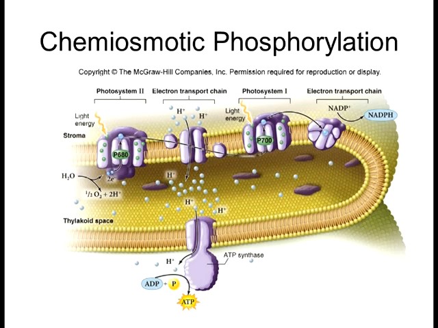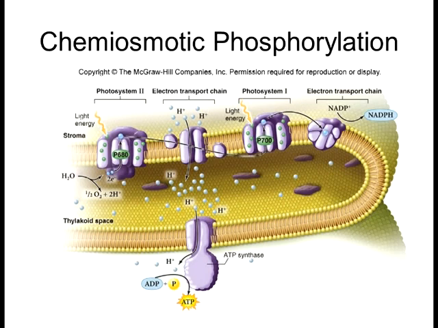Well, remember we said that high concentration is actually potential energy. So guess what? On the flip side of this thylakoid membrane, we have a special enzyme called ATP synthase. This enzyme opens up a channel in the membrane and allows the hydrogen ions to flow from a high concentration to a low. Remember, that occurs naturally. This works with entropy. What do we call that when molecules go from a high to a low through a membrane protein?